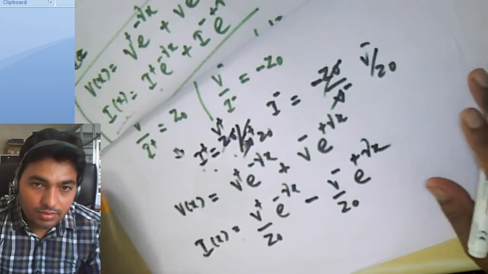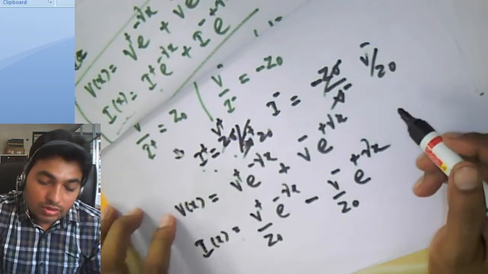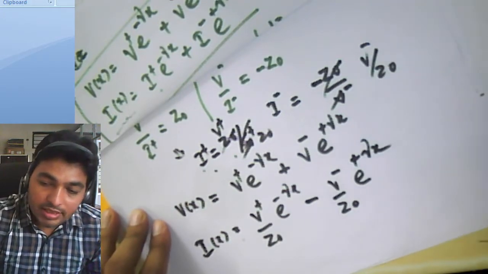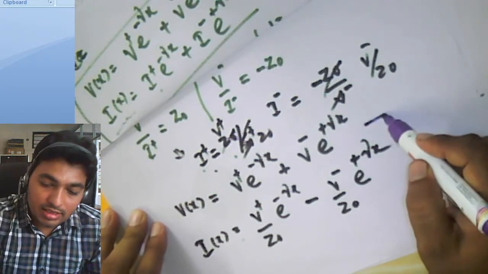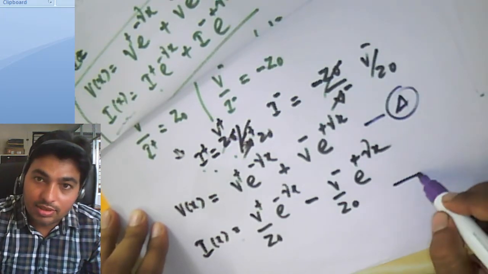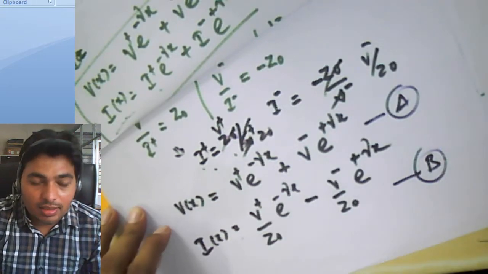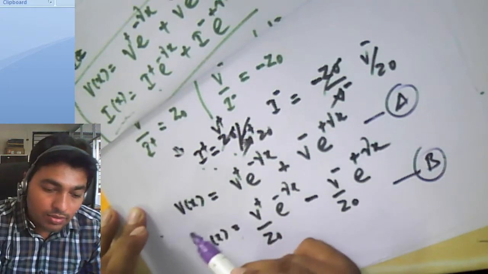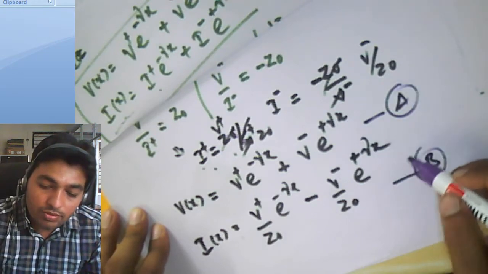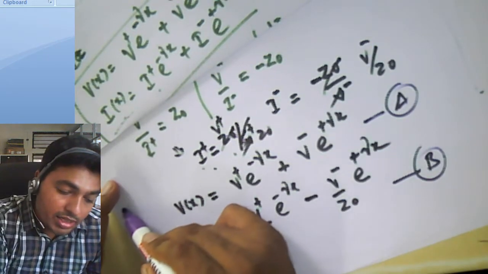Knowing this, this will be the voltage and current equation. Let us take this as our equation A and this as our equation B. Now we will take the ratio of voltage and current. So this represents voltage at any point in a transmission line.